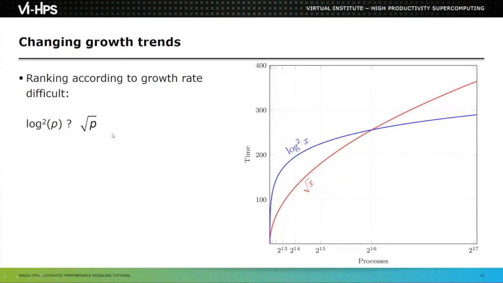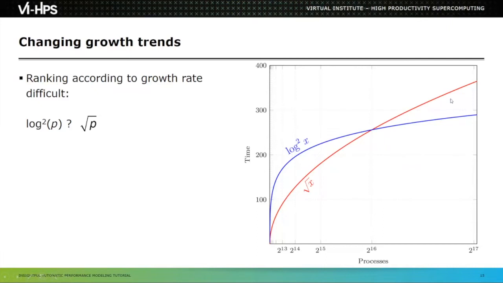So here we have two functions. We have this logarithmic one with the p, and then we have the square root of p. And if we look at the visualization here, we can see that from a certain point on, basically the square root of p function will be dominating the runtime.